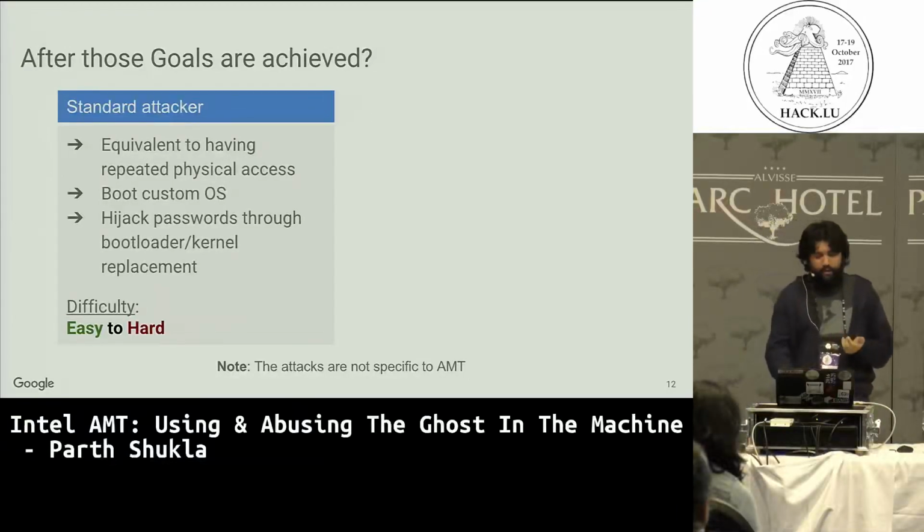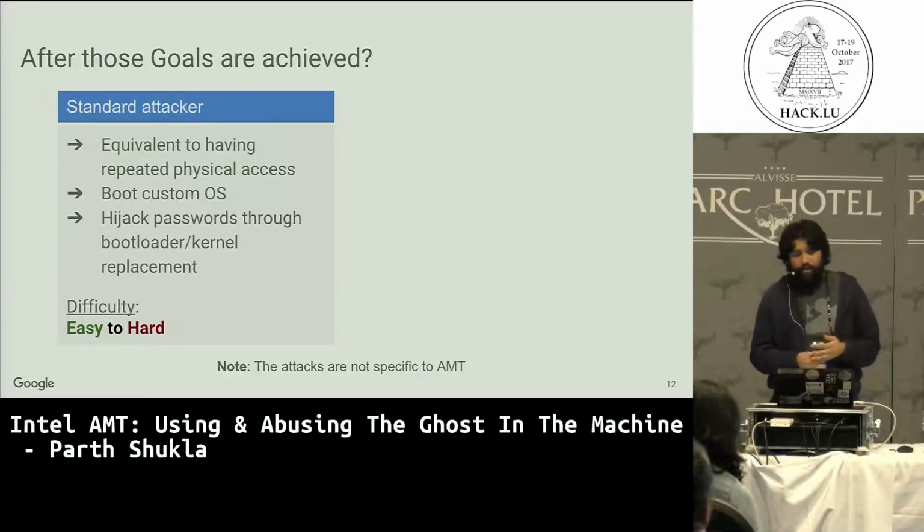If there is disk encryption, come back a few days later and use the encryption password to replace binaries on disk, and now you have full access. Anyone with repeated physical access to your machine can do this today. The only difference with AMT is potentially one-off physical access is required.